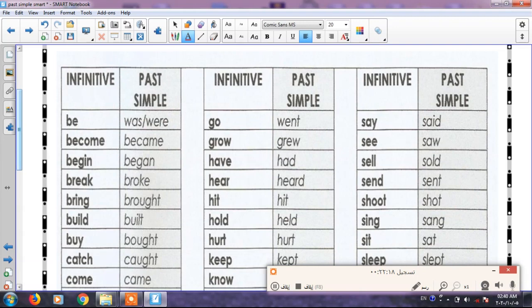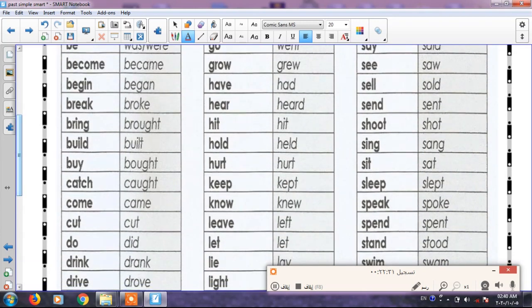Like the verb become. The past of the verb become is became. Okay? The verb itself completely changed. Here we have other examples like the verb buy. The past of buy is bought. Okay? For example, cut.